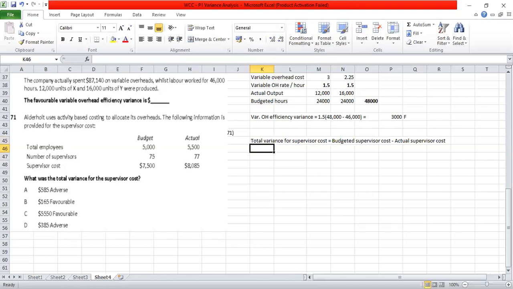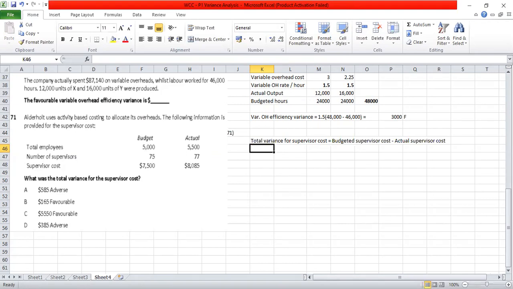The activities are not uniform. There are 75 supervisors under budget and the actual is 77. The number of employees is also different: only 5,000 under budget, but actual 5,500. So if 75 was taken for 5,000, but the actual activity took place at 5,500, how many supervisors would actually be required? That we have to consider.